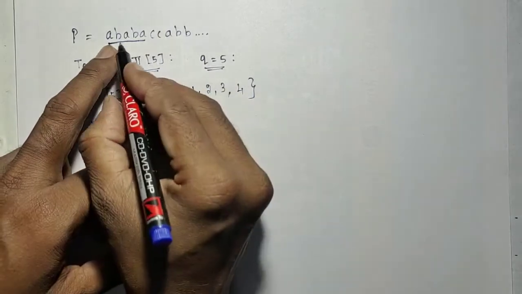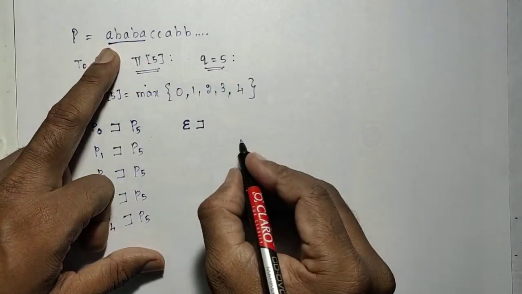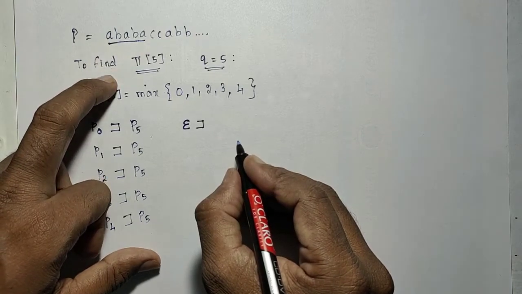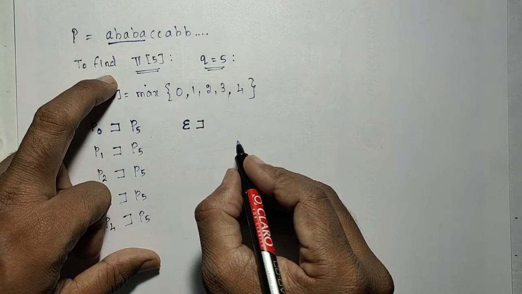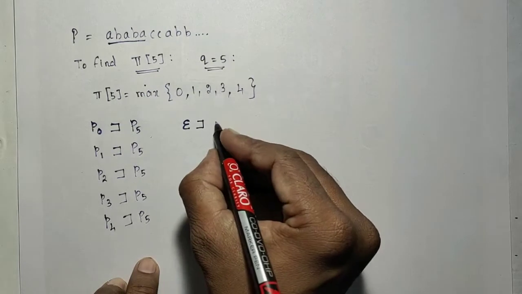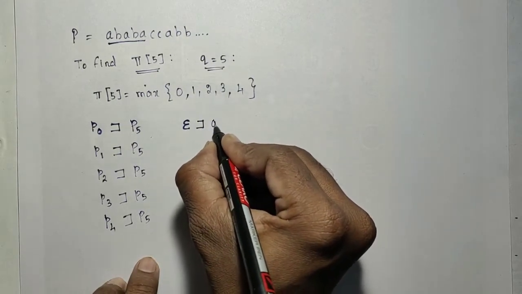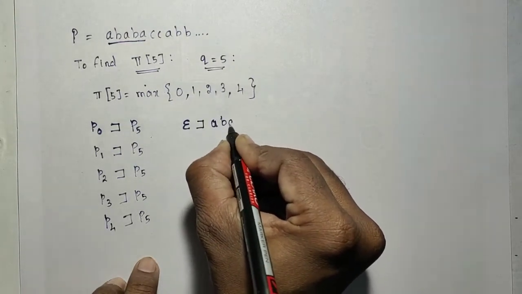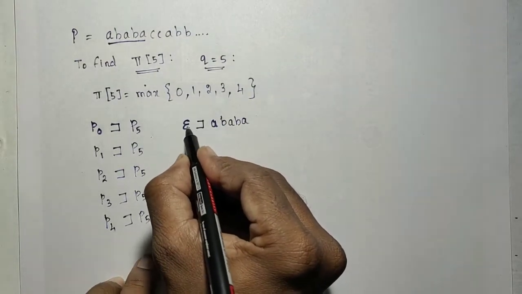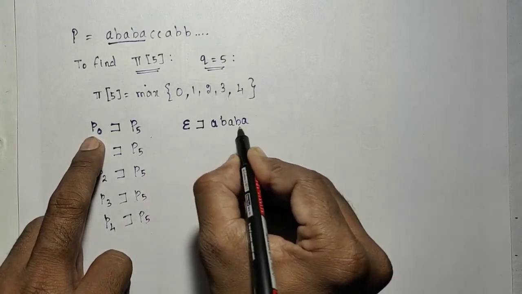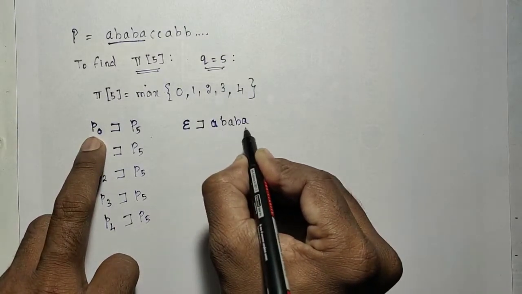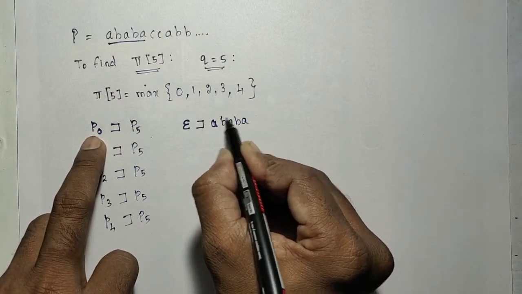So that is ABABA. So that epsilon is a suffix of ABABA. What does that represent? The first k characters, here zero characters, we have to check whether pq ends with this or not. That is, whether epsilon is the suffix of this one or not.